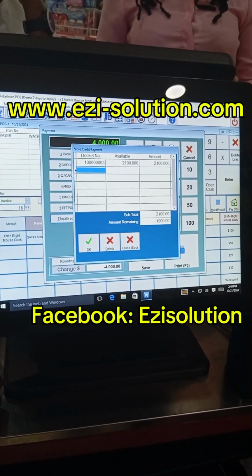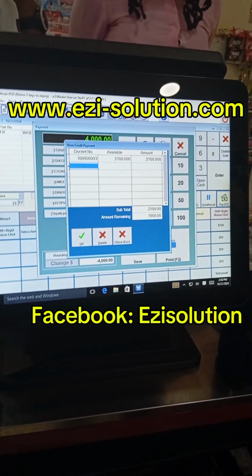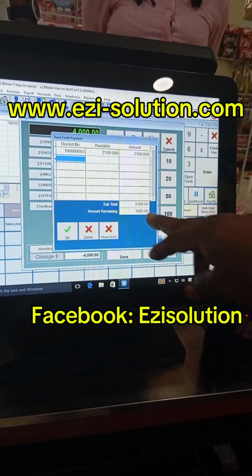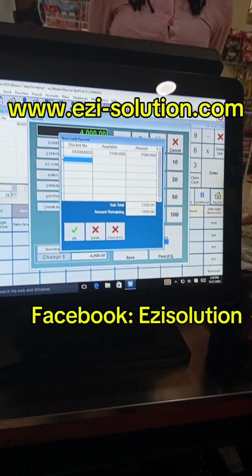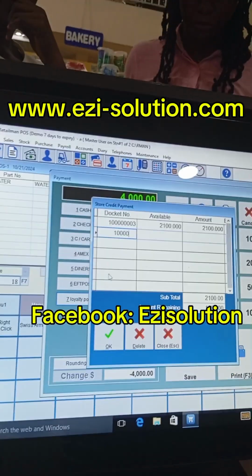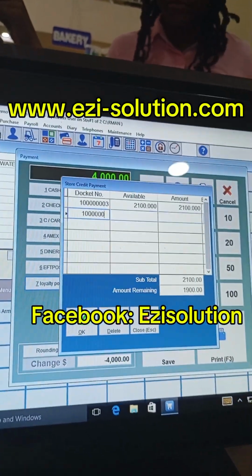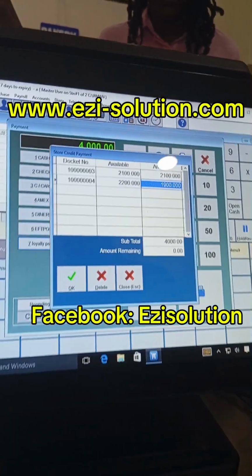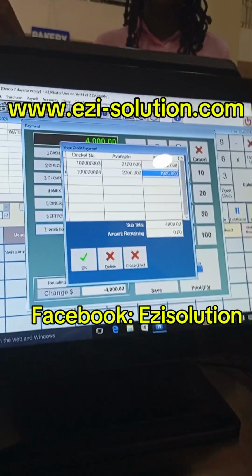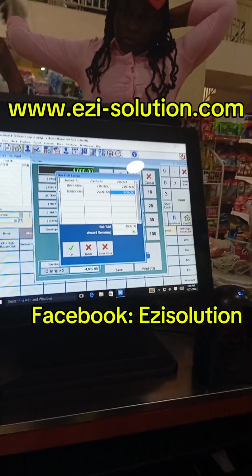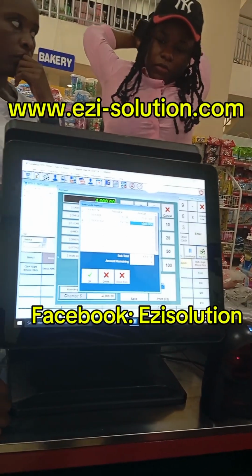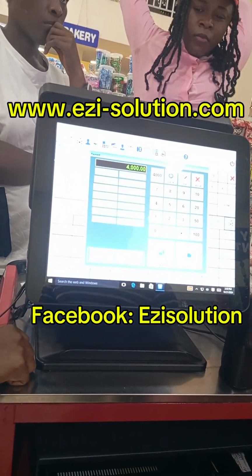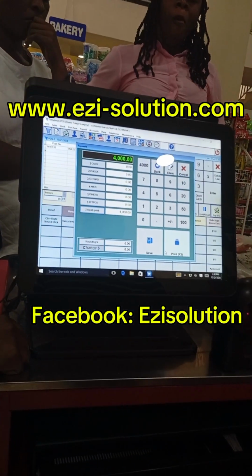The person makes use of the 2,001, and also wants to make use of the other one, because he still has 1,900 remaining. And he has another loyalty of 1,009. So if you want to use all the 1,009, or if you don't want to use all of them, you can. Now, the person is using all the points to pay 4,000.